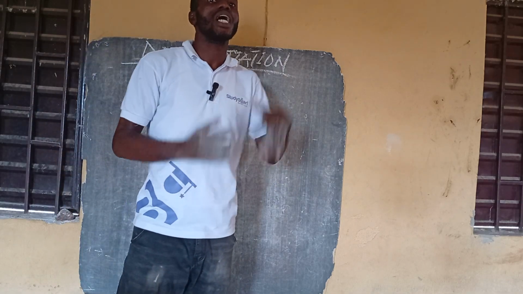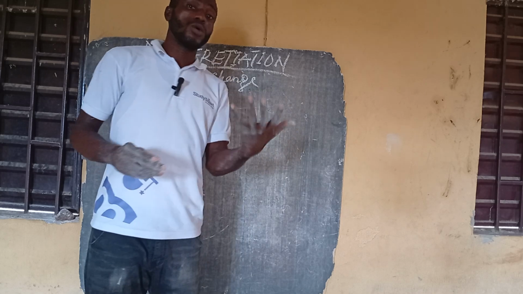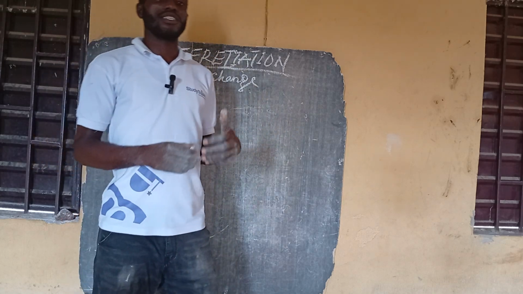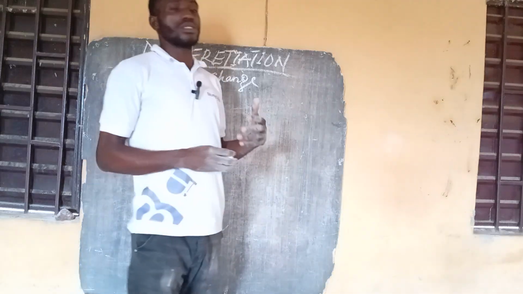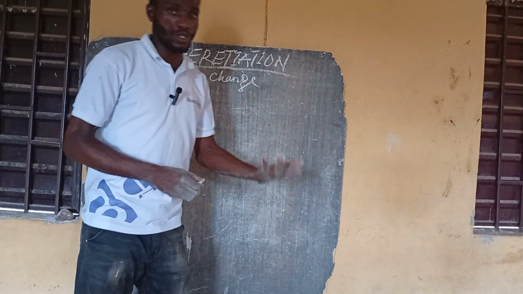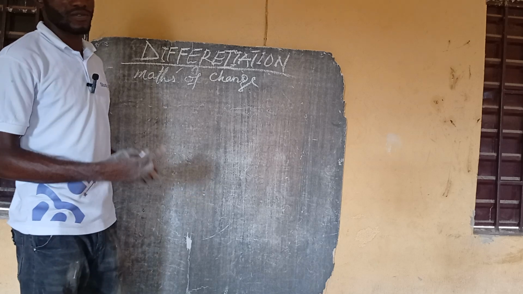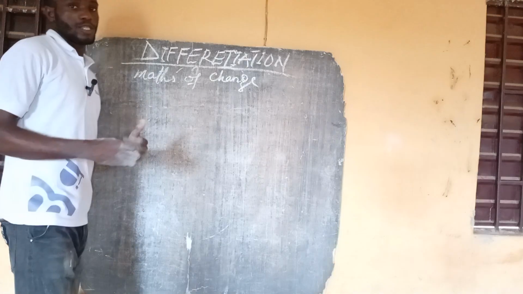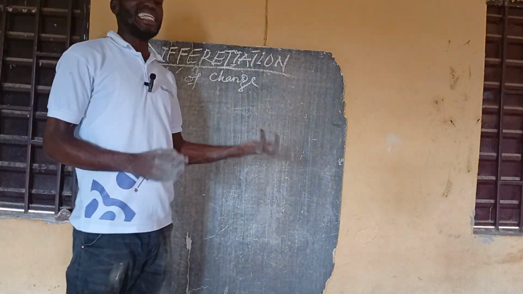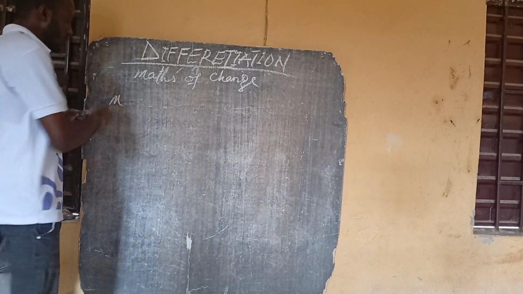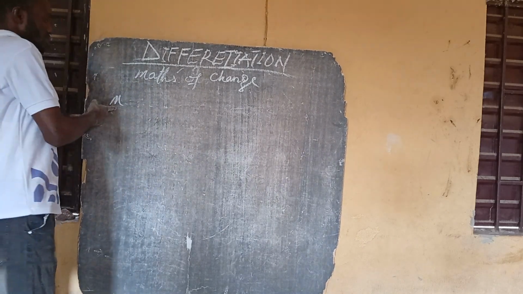You already know that in the study of lines, the Cartesian geometry, or coordinate geometry, we talked about the fact that when we want to study the rate of change of two quantities, especially ones that are related linearly, we simply use the gradient, or rate of change, or the slope.